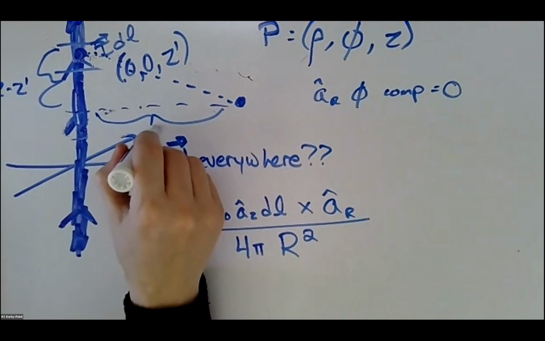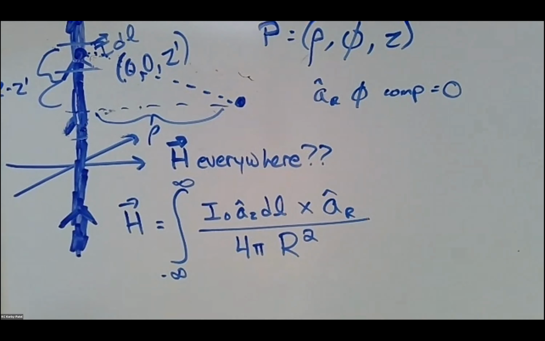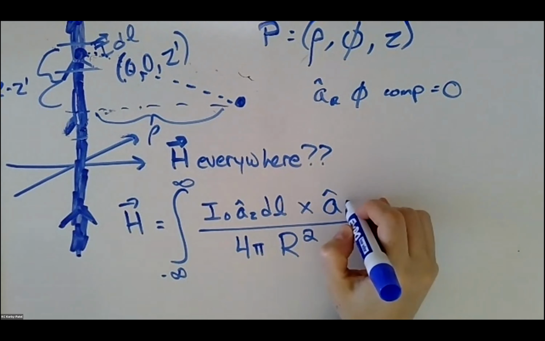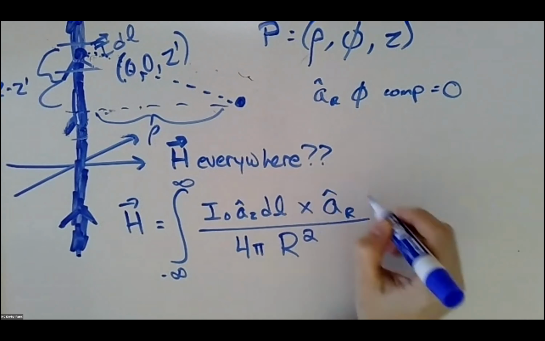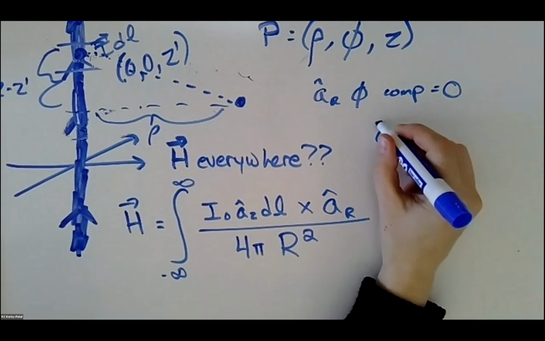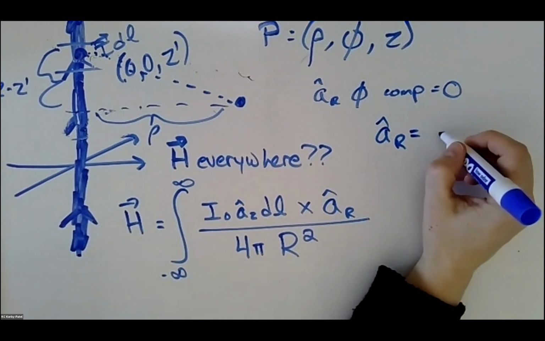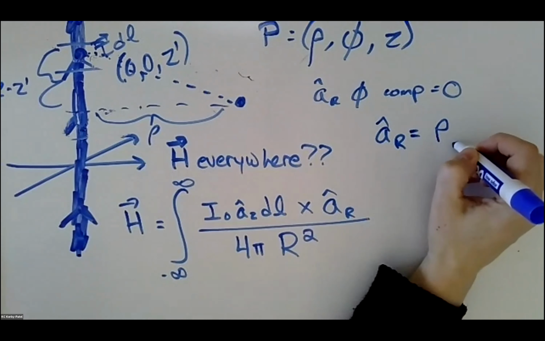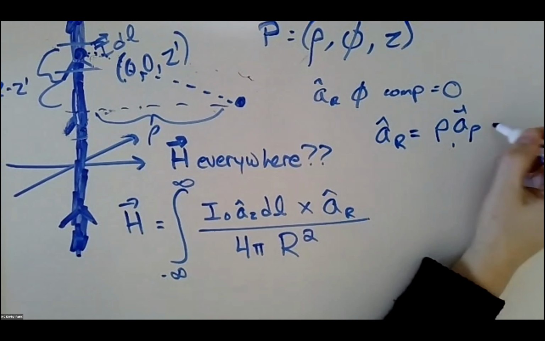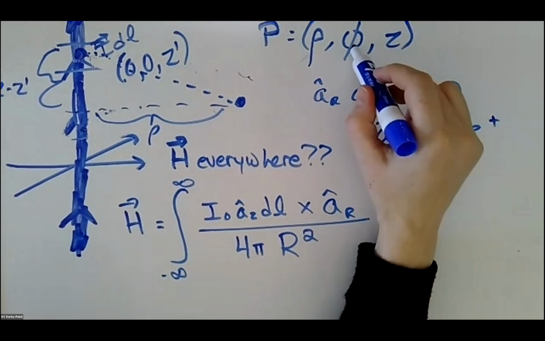And this length is rho. So my unit vector a hat r here is rho a hat rho plus no phi component, right?